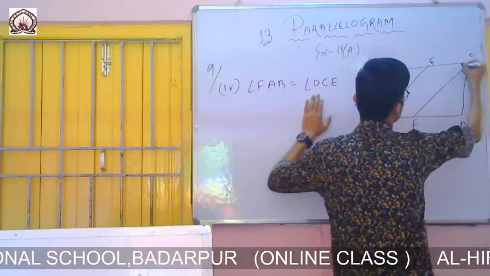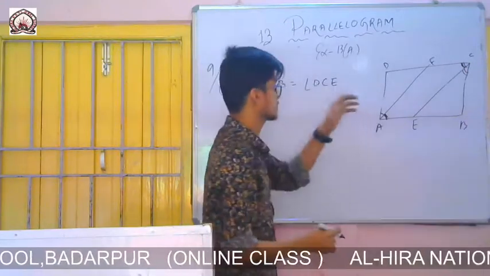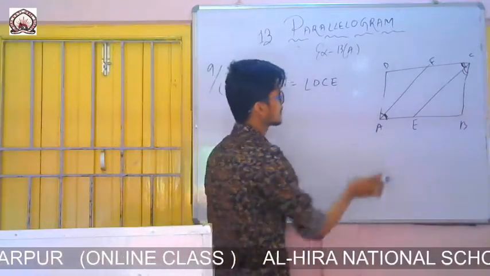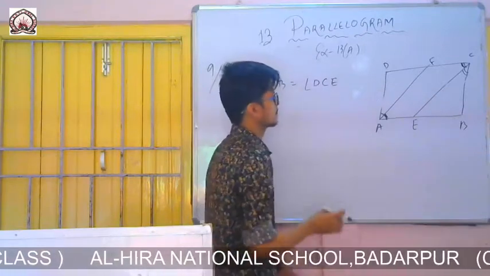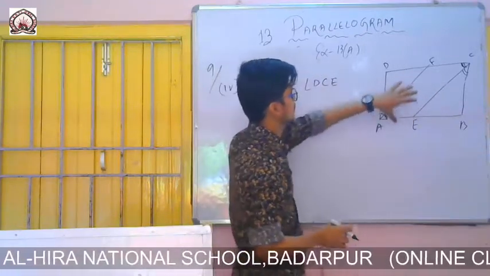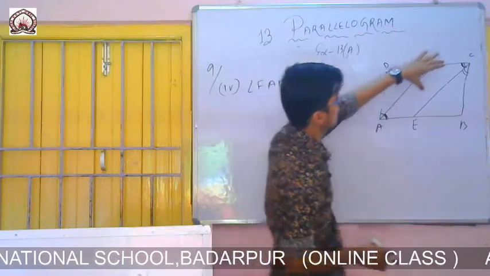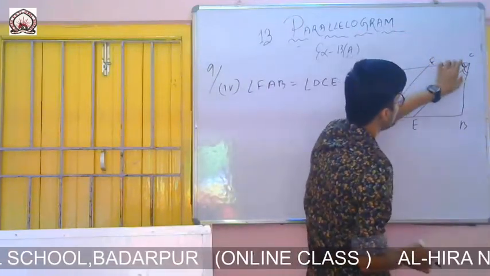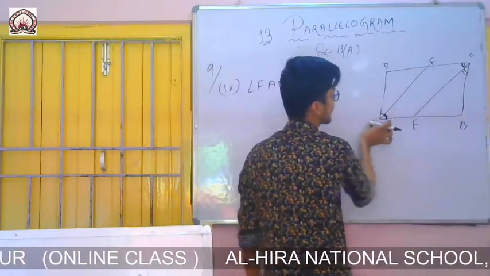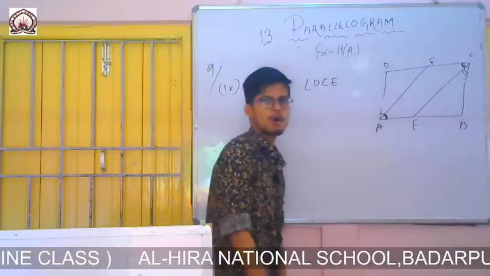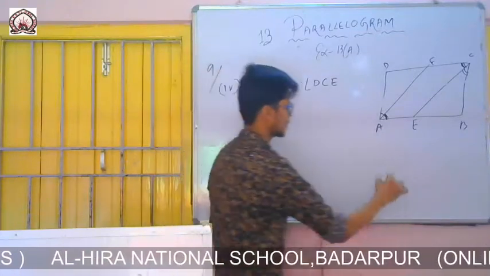Earlier, when I was discussing this, I said that AF bisects angle A, and CE bisects this one. These are the two equal halves, and we know angle A and C are equal. These are the opposite angles of a parallelogram.